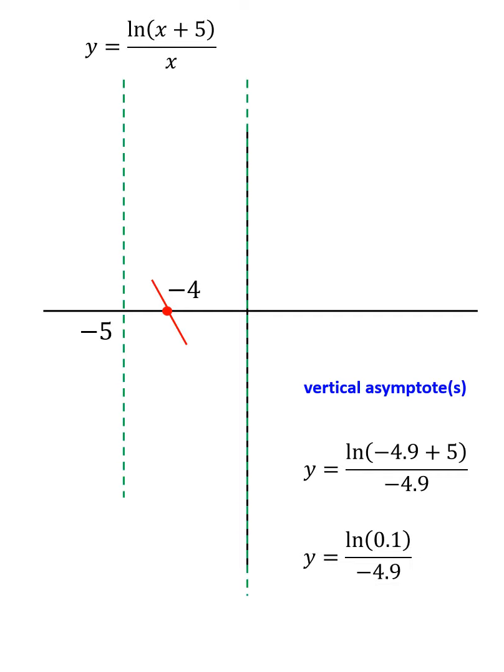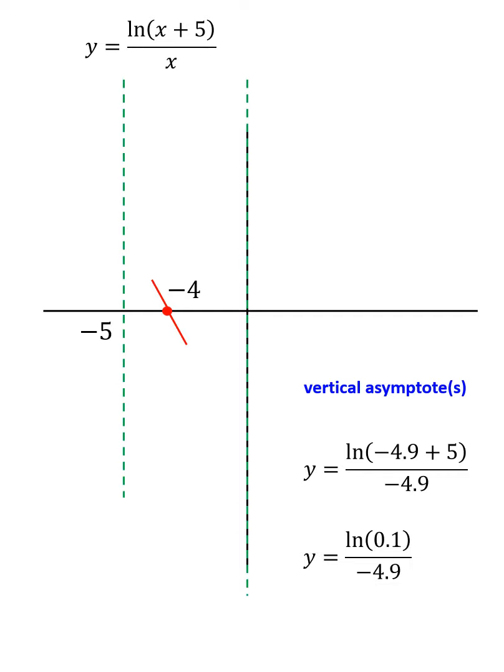I simply need to know if it's positive or negative. Well, look at the numerator, the natural log of 0.1. That's a negative number. I don't need a calculator to know that, because the natural log of any number between 0 and 1 is negative. Hence, I have a fraction here, which is a negative, divided by a negative, which is a positive.